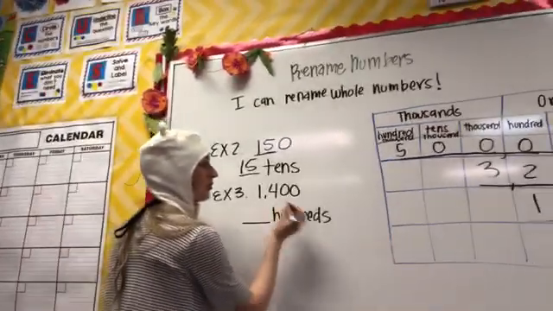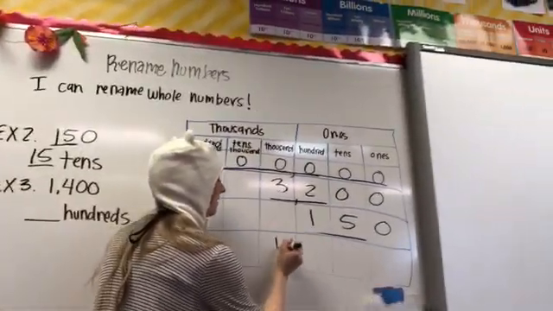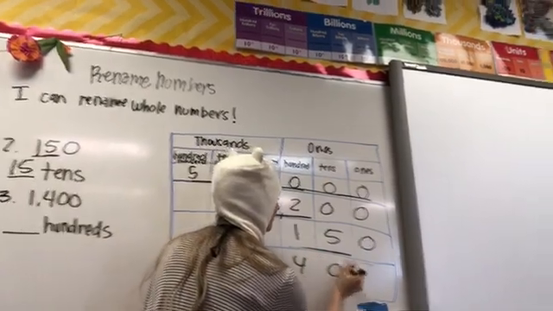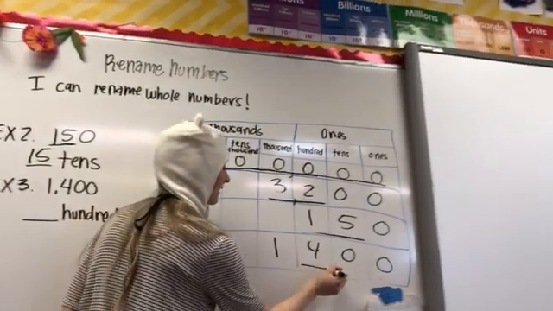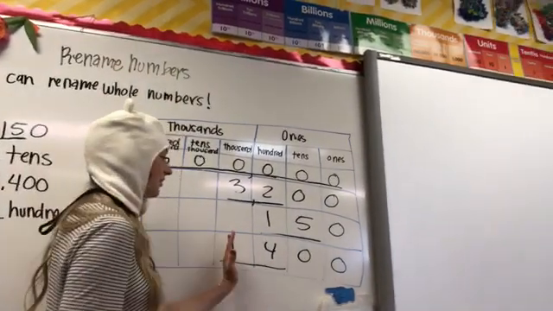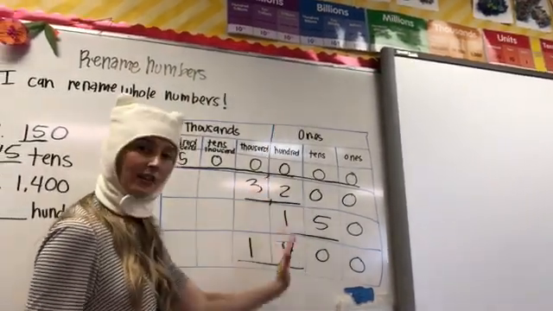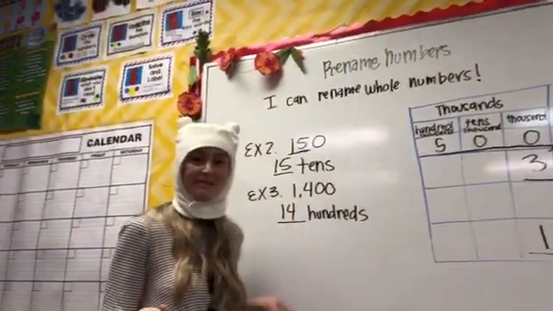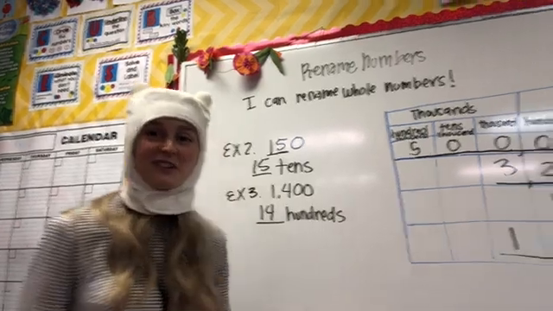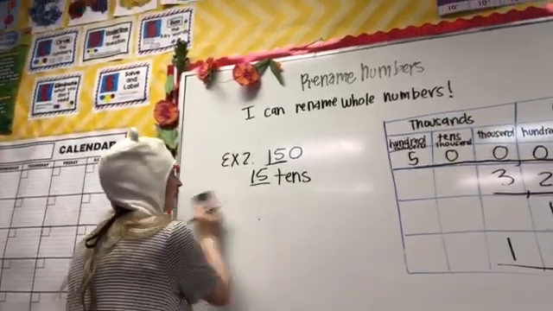So we go to the hundreds place. Here, we'll do one more over here. I'll put in 1,400. In my hundreds place, I have the 4, so I underline it. Everything to the left, so I have 14 hundreds. Awesome. Okay, let's do one more, and then I'm going to have you do your first pause problem.